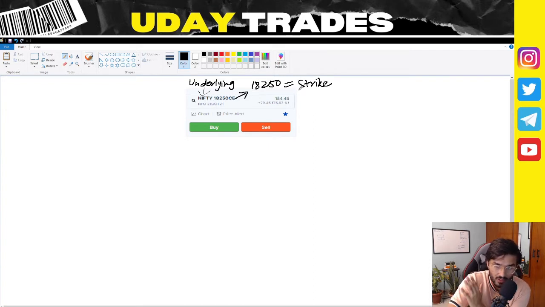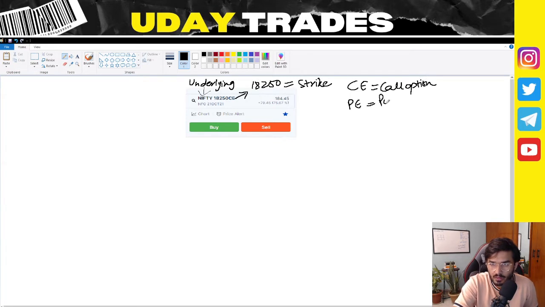This strike is helpful to know if the option is in the money, out of the money, or at the money, and we're going to talk about that as well. So 18250 is the strike, and CE is the call option, and PE is the put option.